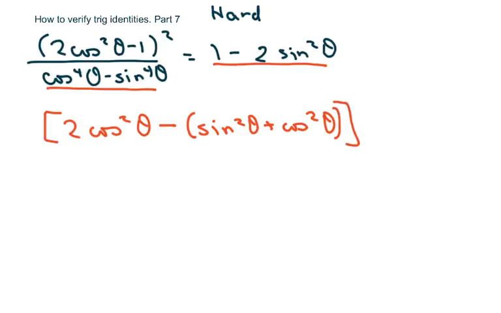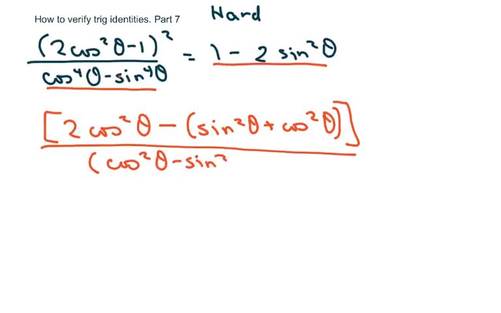So I split my 1 like that, because I already know the denominator is going to be cosine squared of theta minus sine squared of theta times cosine squared of theta plus sine squared of theta. And so I'll be able to cancel things.